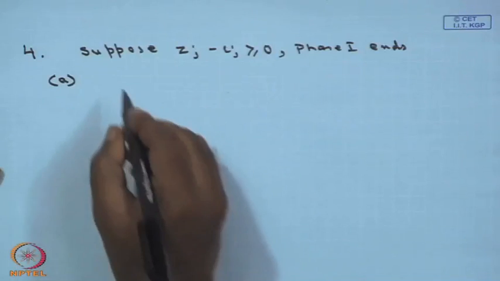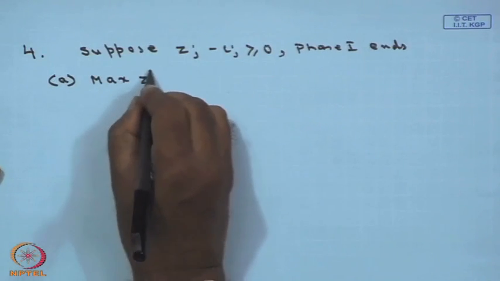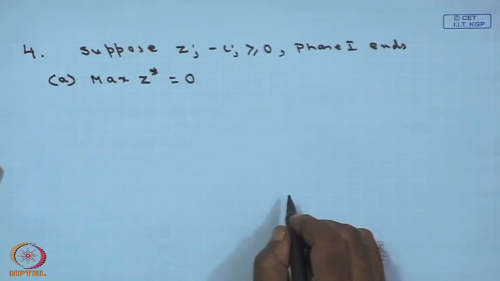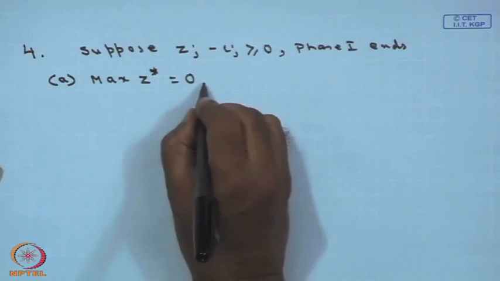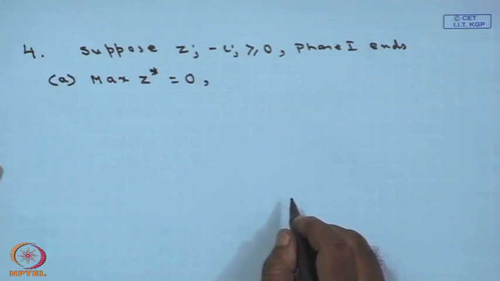Now, 3 different cases can occur. One is maximize Z star, the value of the Z star is 0. It means all the artificial variables will disappear from the basis.